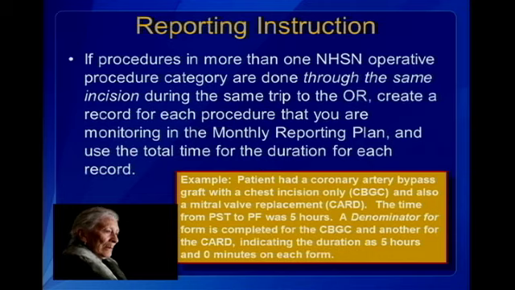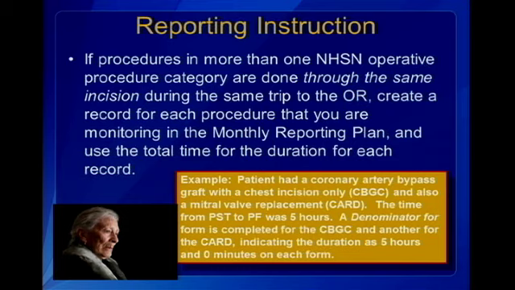But if procedures in more than one NHSN operative procedure category are done through the same incision, and I get asked this a lot, during the same trip to the OR, you want to then create a record for each procedure that you are monitoring in your monthly reporting plan and use the total duration for the whole thing, okay? So I'm going to give you two examples.